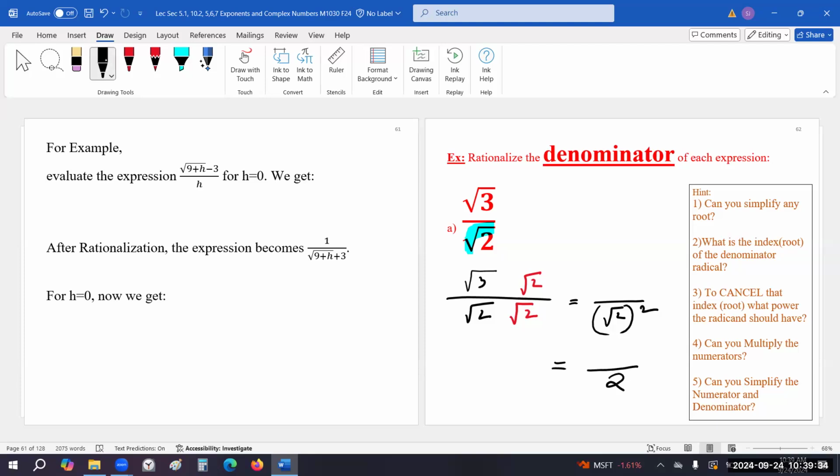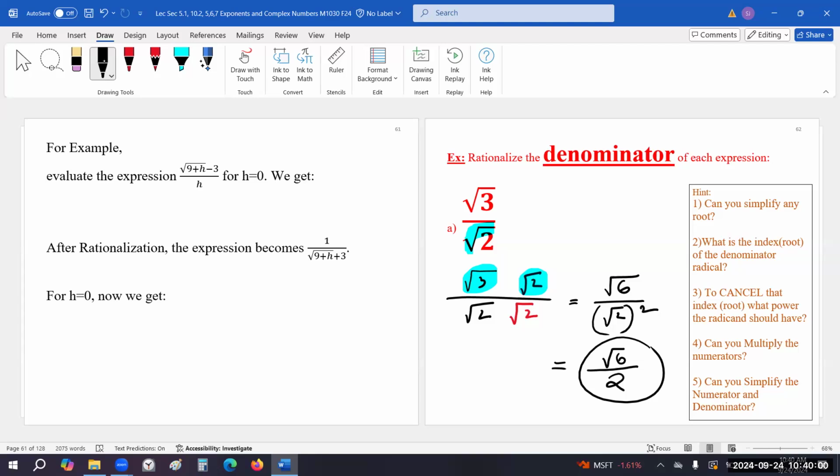The 2 stayed, but the radical disappeared. And remember, when you multiply, as long as we have the same type of radical, we keep the radical and multiply the inside. So we get 3 times 2, square root of 6. And that's it.